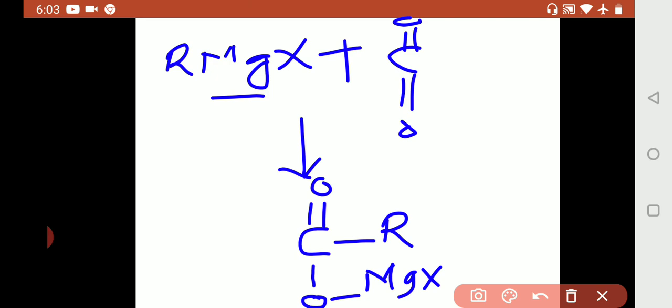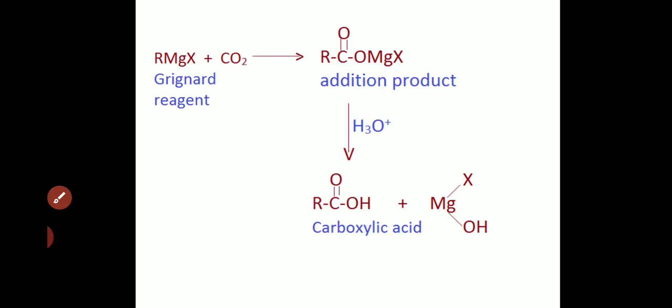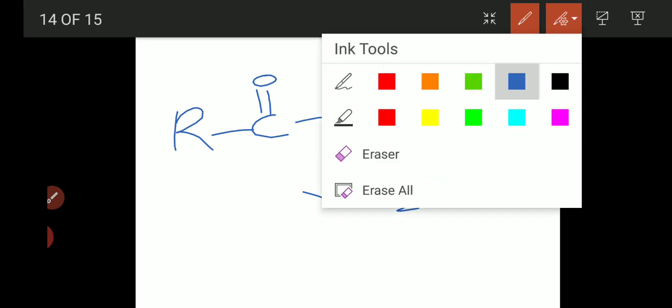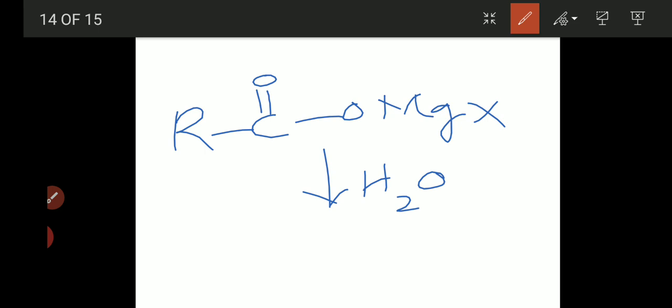It can be written in which way? This way, RCOOMgX. Now this RCOOMgX on hydrolysis, H2O. Take H2O here, HOH. Simply imagine like this, okay?